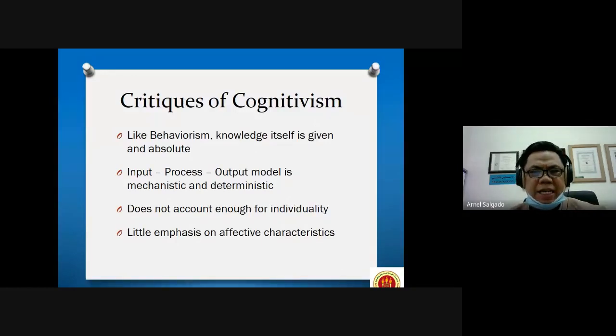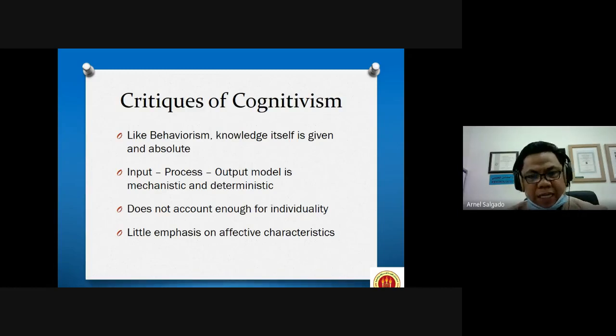Now, the process in cognitivism is also like a computer. There is an input, a process, and an output. So we teach the students how to process information, and we expect them to come out with information or ideas as compared to the one that we are holding.